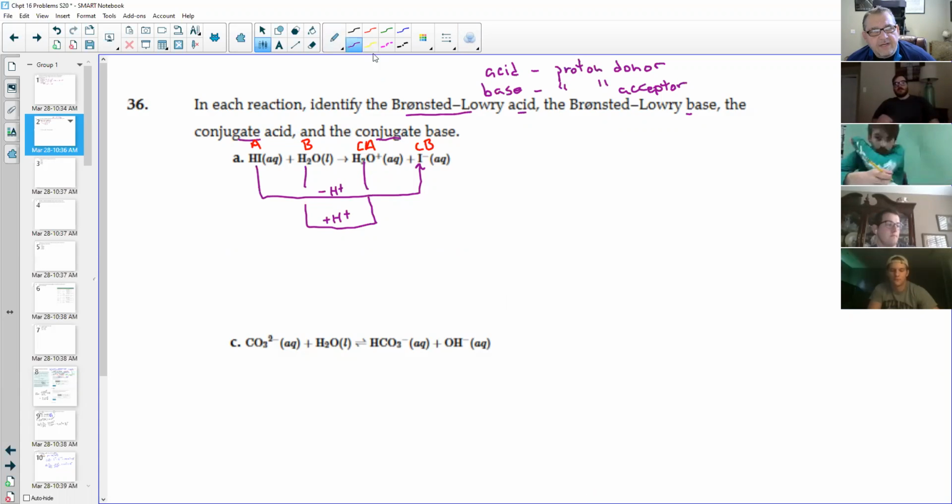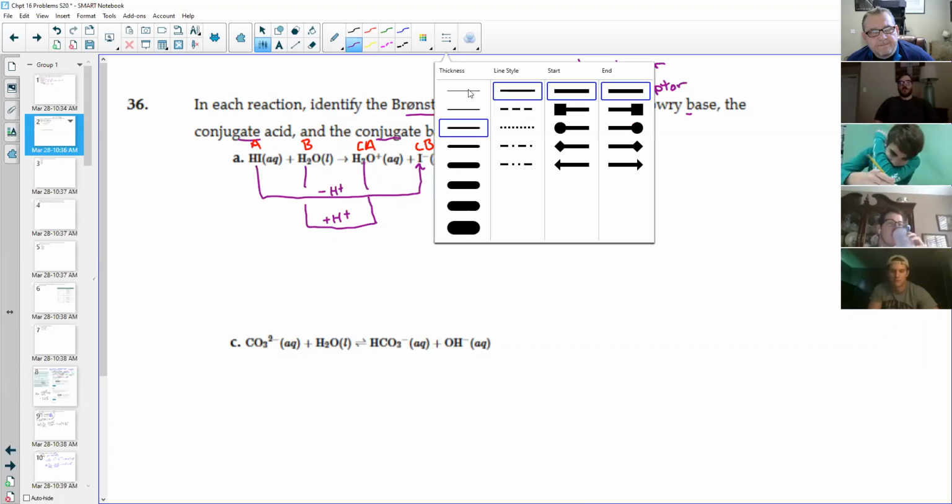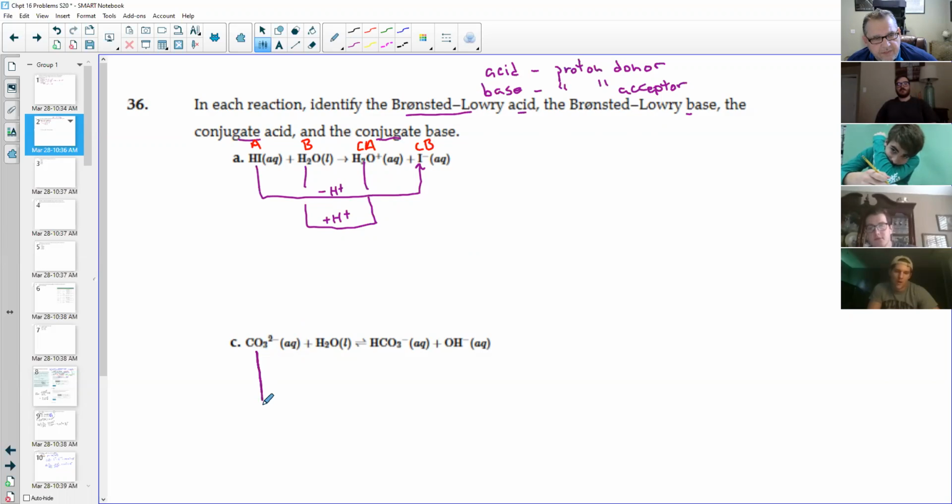So on our next system, we've got the carbonate going to bicarbonate, and it's doing that by picking up a proton. The fact that it's picking up a proton tells me that it is the acceptor.